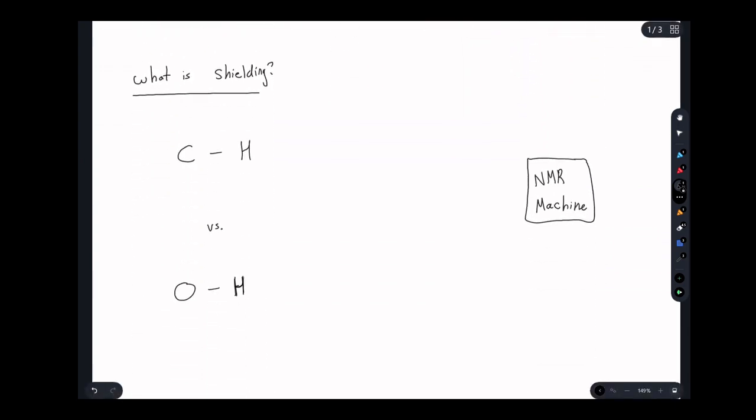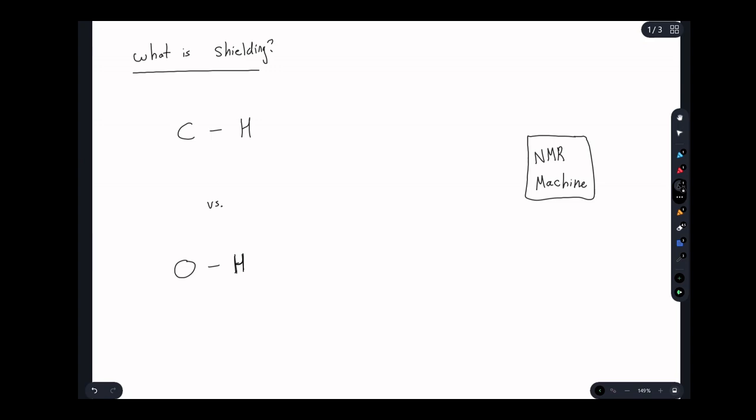Well, let's talk about shielding. Imagine for a moment two different hydrogens, one that's connected to a carbon and one that's connected to an oxygen. Now, very oversimplified, we can imagine the NMR machine as a machine that's trying to shoot radio frequencies at our hydrogen protons.